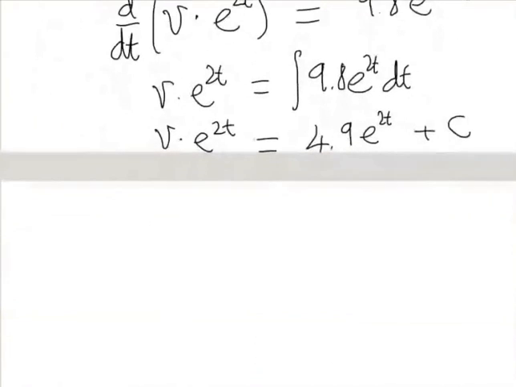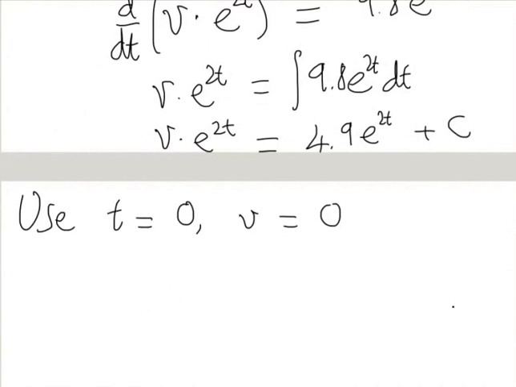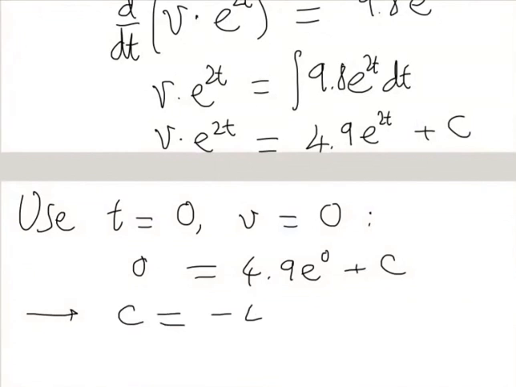Now using the initial condition, t equals 0, v equals 0, plug in, we have 0 equal to 4.9 e to the 0 plus c. E to the 0 is 1. So from here, we see that c is minus 4.9.